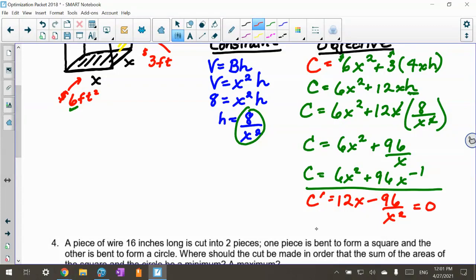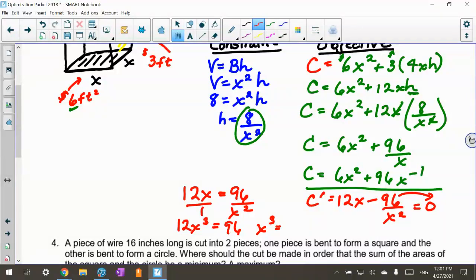I'm running out of room, so I'm going to come over here to the left. So I have 12x equals, now you take this and move it over here, 96 over x squared. Cross multiply, 12x cubed equals 96. x cubed is going to equal, let me see now, 8.